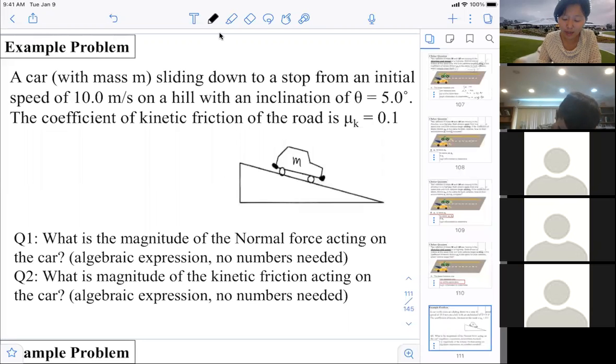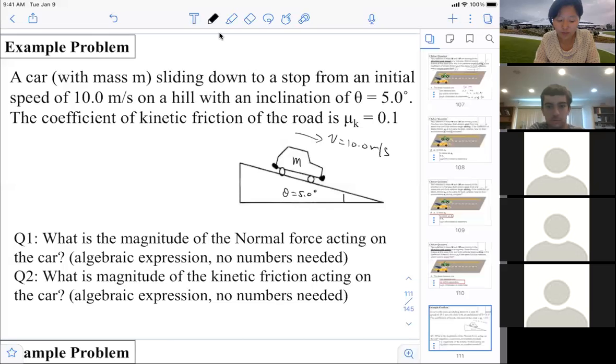Originally it has a velocity going down the hill, and the ramp has a small angle. The kinetic coefficient is given. It is sliding down to a stop, meaning it's slowing down and eventually stops. We want to find the normal force acting on the car.